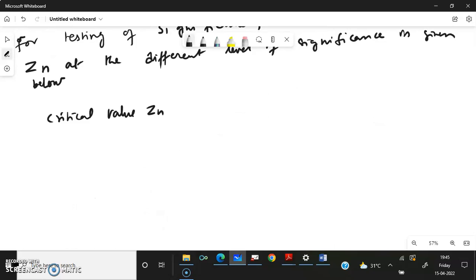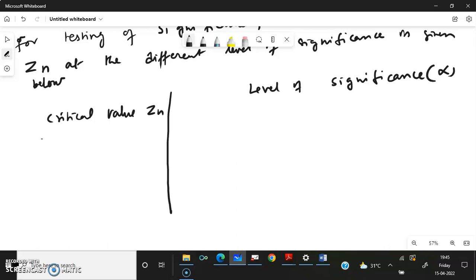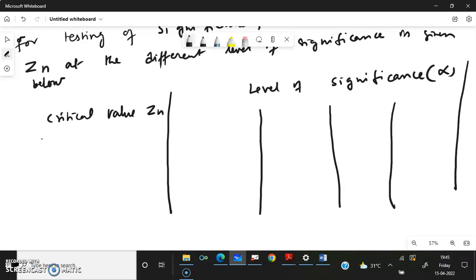There are two-tailed test and one-tailed test, which we will both see. The level of significance is alpha. There are different levels of significance as we discussed earlier: 1%, 2%, 5%, and 10%.